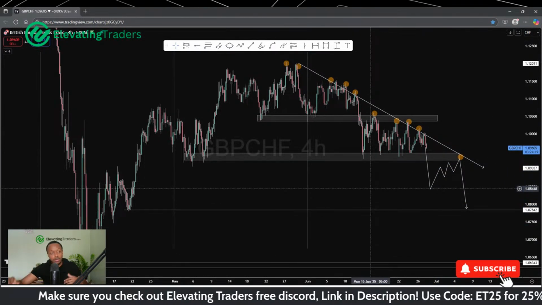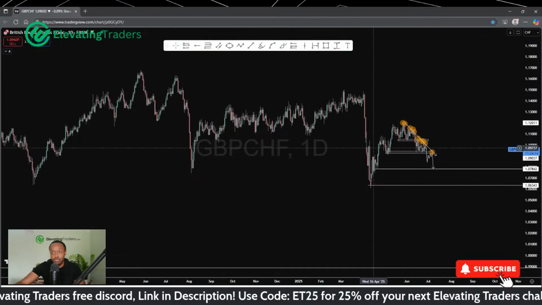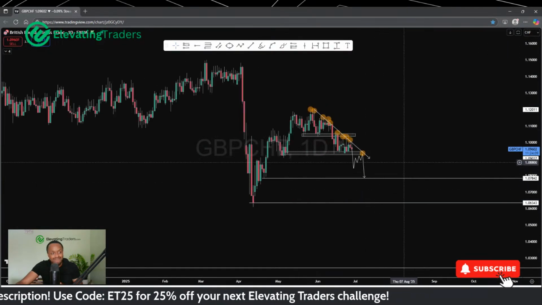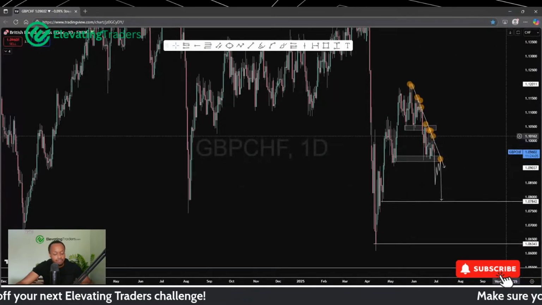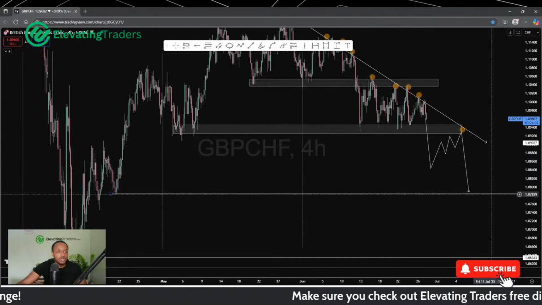But yeah, we are looking bearish. Of course, we've had a lot of selling pressure recently as well. So perhaps we are seeing the continuation of that. Pound CHF is a bit of a weird pair. There's not a lot of momentum in it, but if we continue to break support, I do think it'll be a nice opportunity there.